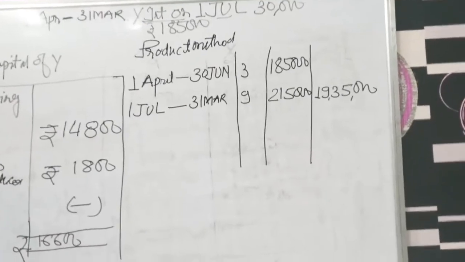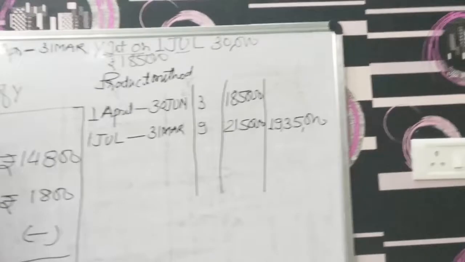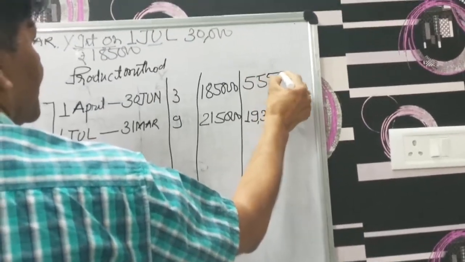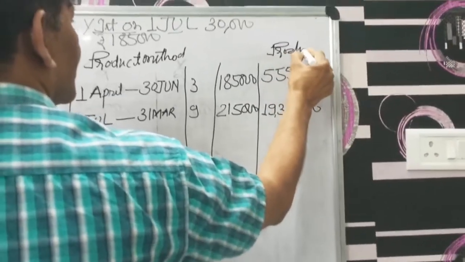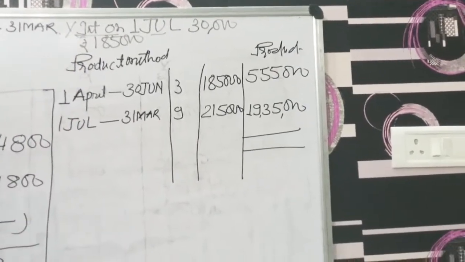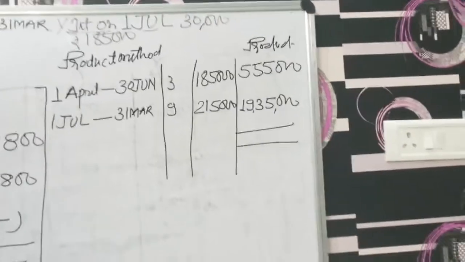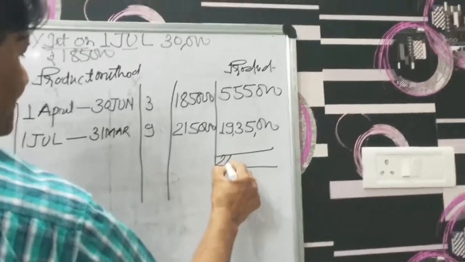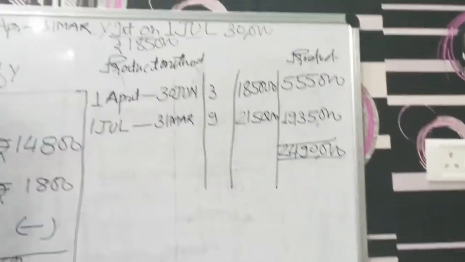And 1,85,000 into 3, 5,55,000. This is your product. So the total product, 5,55,000 plus 19,35,000, is 24,90,000. This is your total product. Now we have to apply the formula.